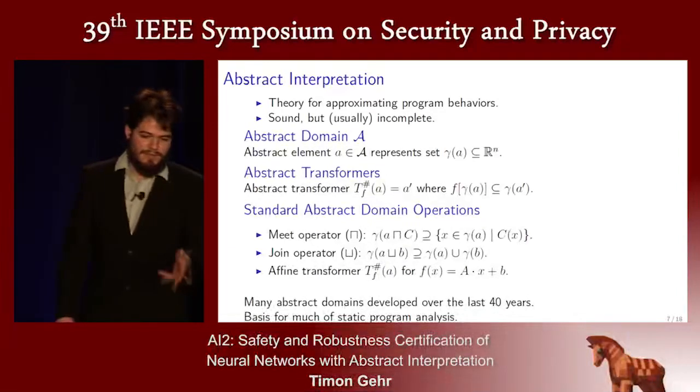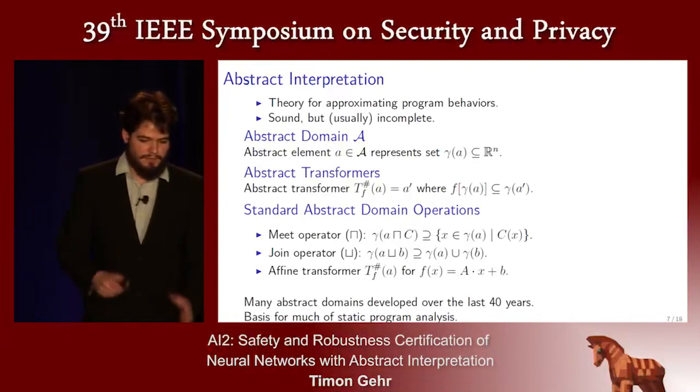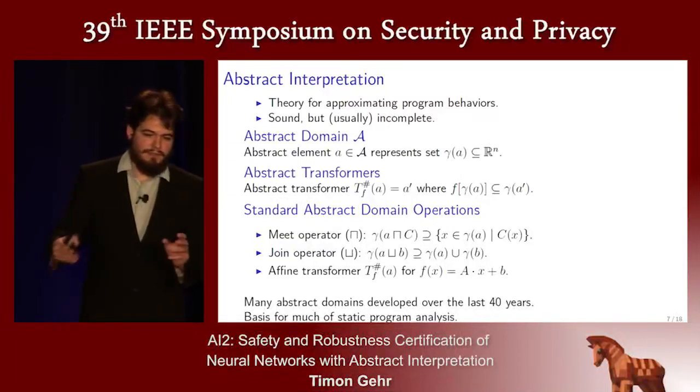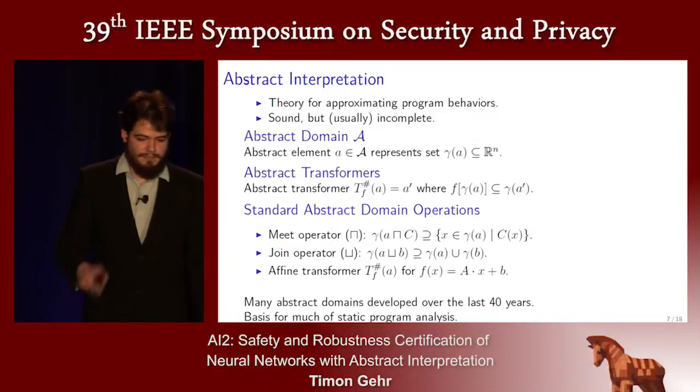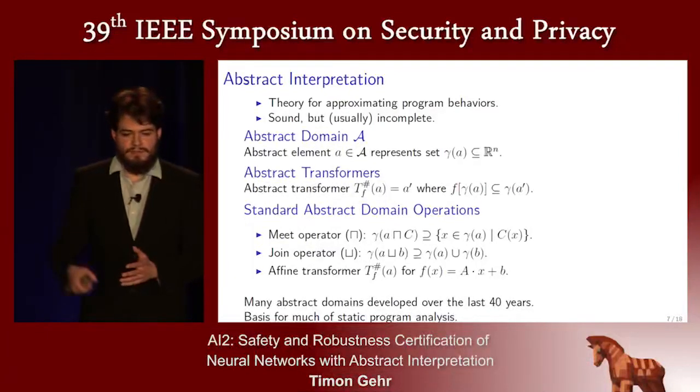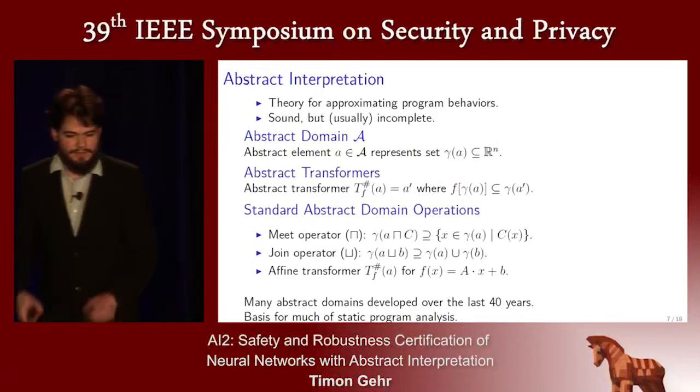You have this gamma function that tells you which shape it represents. And then you have abstract transformers that preserve this approximation property. If we have something that approximates A and we take the image through F, then the abstract transformer of F will give us something whose concretization is an over-approximation of the actual outputs.